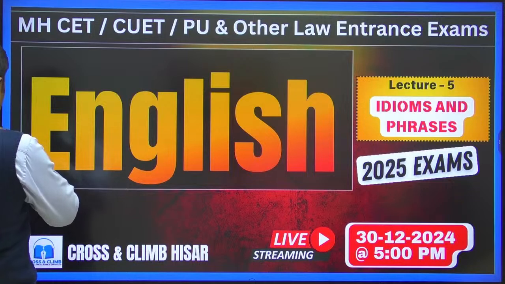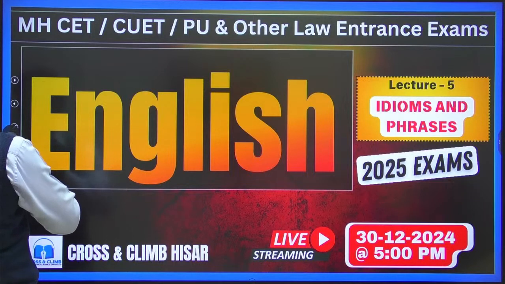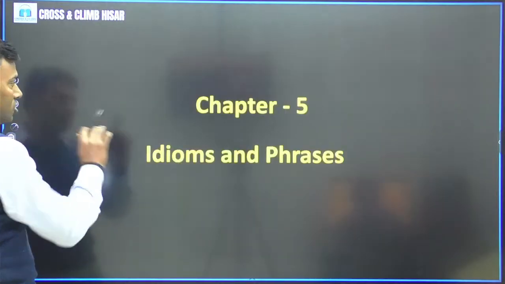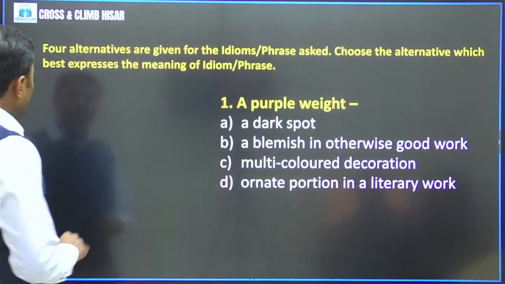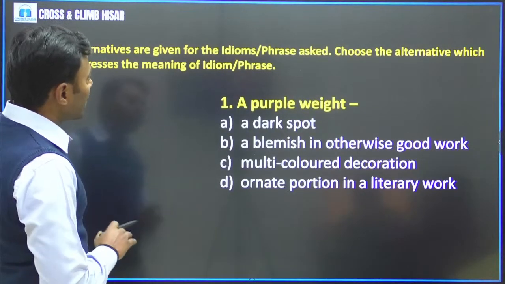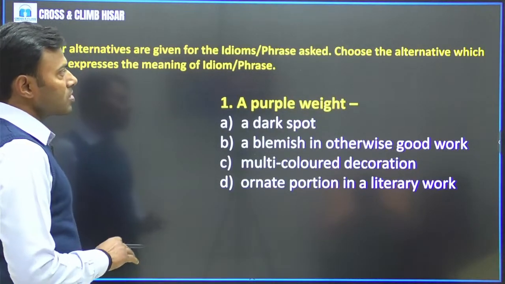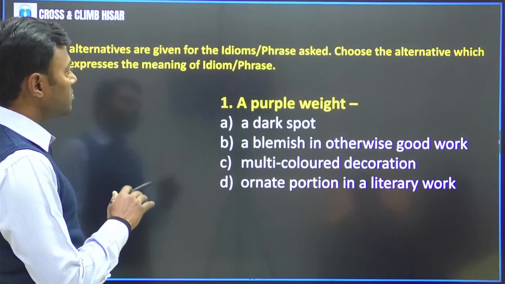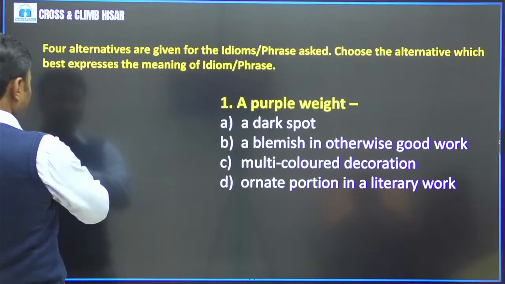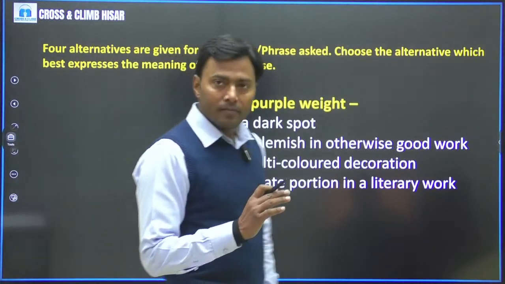So let's move to the questions. This is chapter 5. So 4 alternatives are given for the idioms and phrase asked. Choose the alternative which best expresses the meaning of the idiom and phrase. See, a purple patch, right?